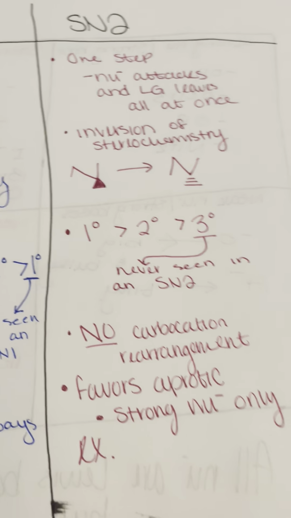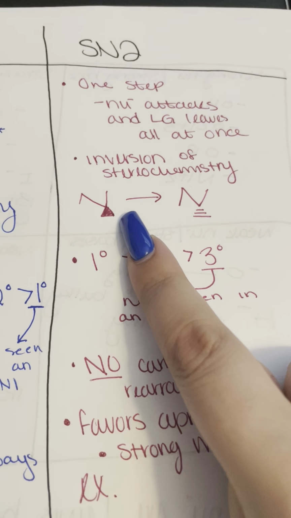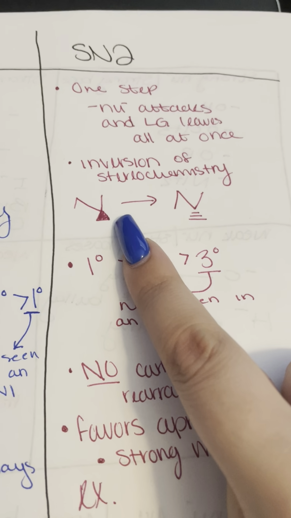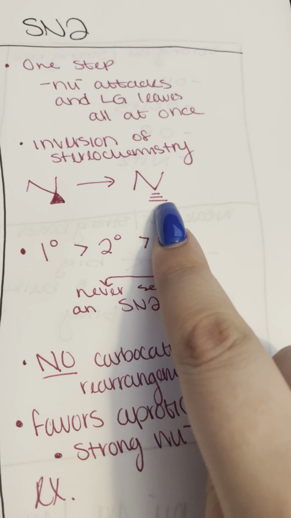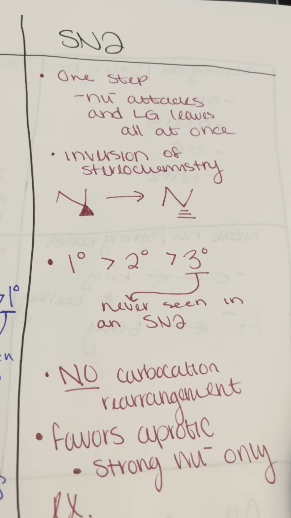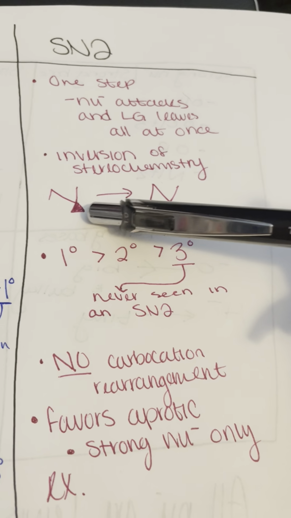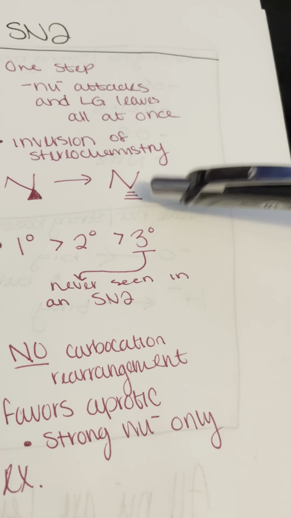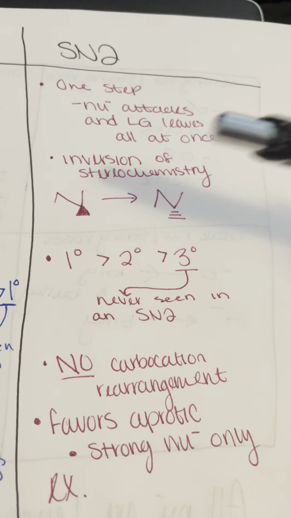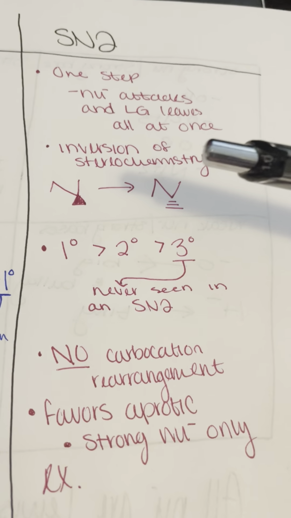Wedge being this one right here, which just basically means that it's coming towards you, and the hatch means that it's going away from you. So in an inversion where you have this at first, you're going to have this as a product. Or where you have this at first, you may have this as a product.